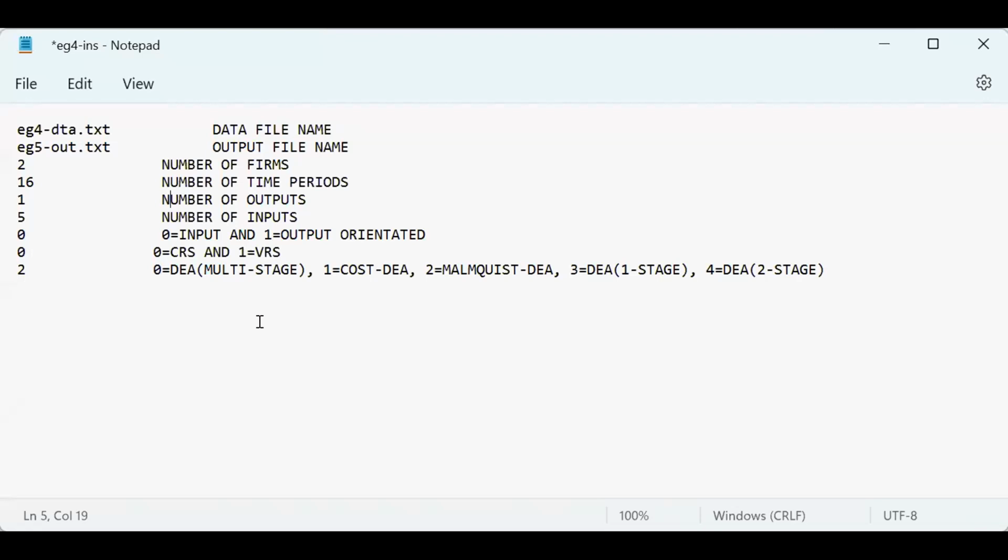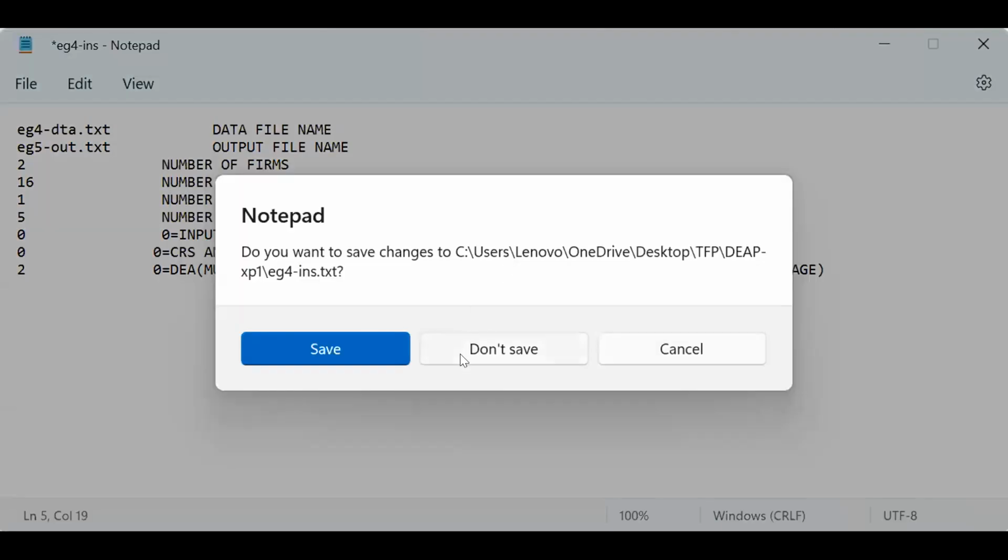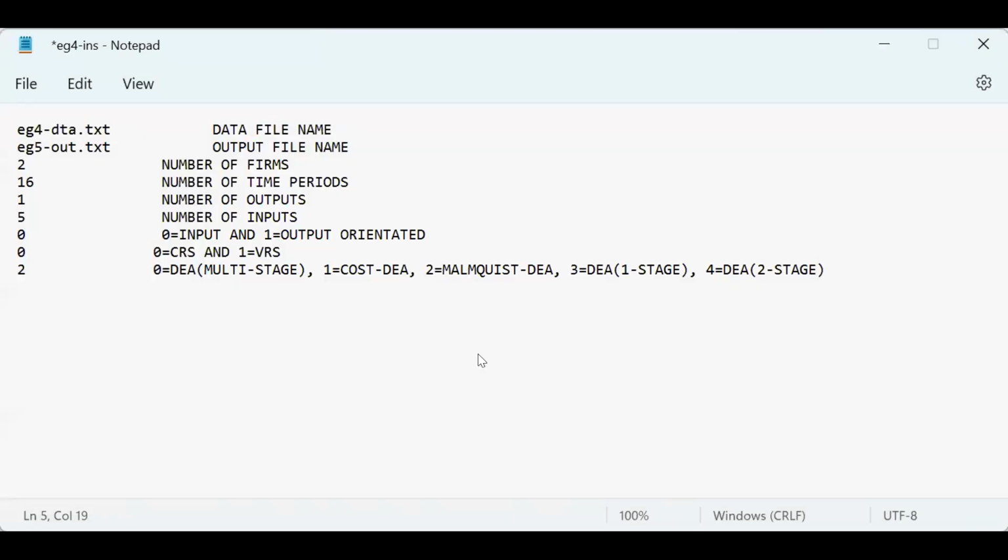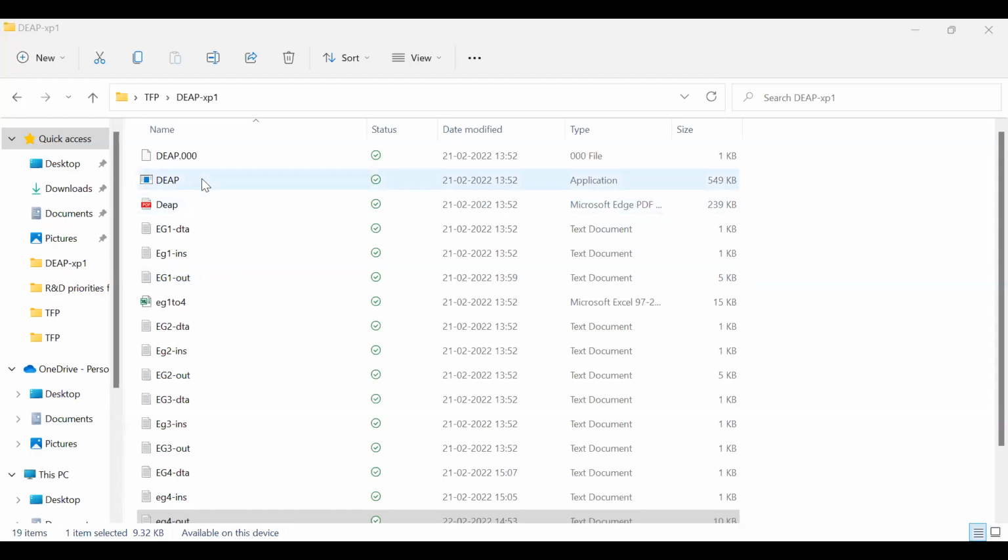Then the type I'm using is Malmquist Index 2. So this is the software in which this command will be filled, DEAP software.